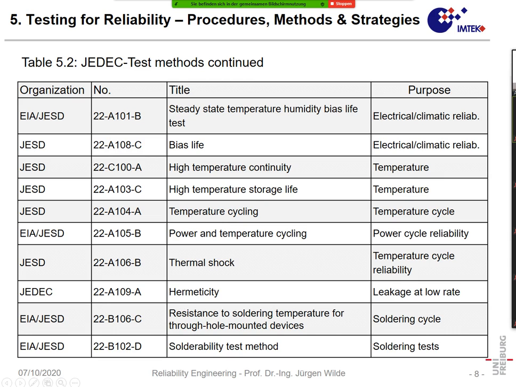For instance, we have temperature tests, which can also be operated. That is typically bias live, for instance, so we have a voltage on the device. Or we can have no operation, just high temperature storage life, for instance. On the other hand, we have high temperature continuity. That means it is operated.